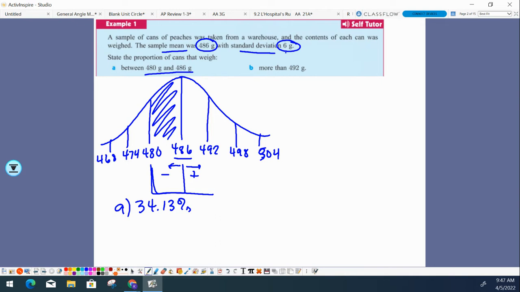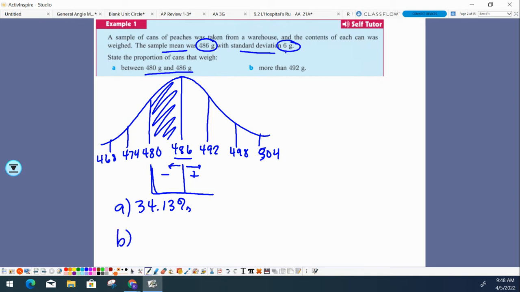So that's why the chart's really helpful. And you're not going to have to memorize these decimals, so that's a good thing. Most of the time we're going to be using the calculator, so that'll help, but you need to have a general understanding of each of these.